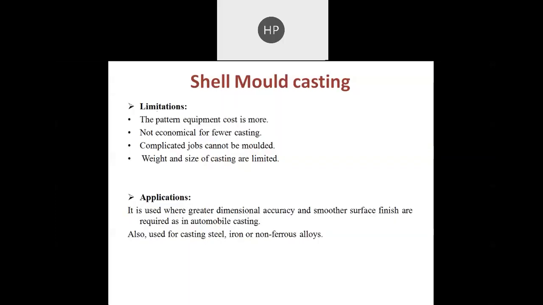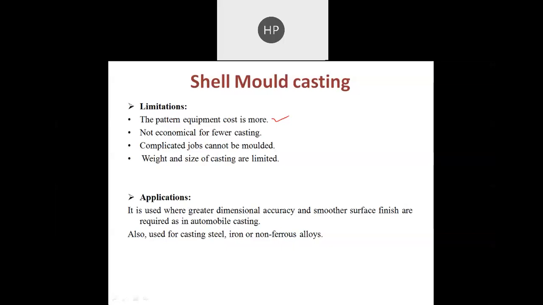Then the limitation is that the pattern equipment cost is more, because here we have to make a metal pattern, and its manufacturing is costlier. We have to use a resin as a binder, so its cost will increase.